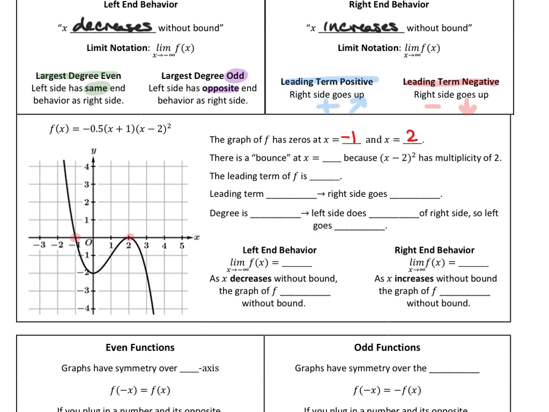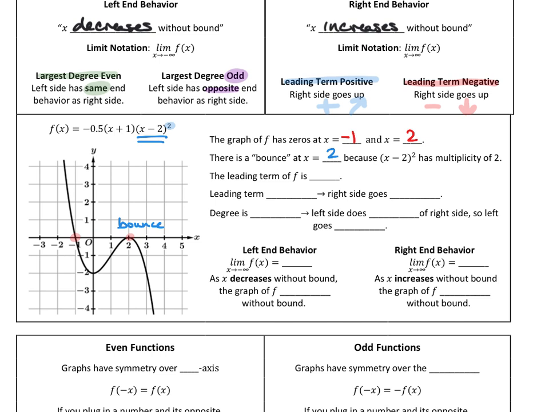It's just looking at the graph, seeing where it crosses the x-axis. It goes on, this question says, there is a bounce at x equal to what? At x equal to 2, because this term is squared. It has an even multiplicity. So we know it's going to bounce at that 0, which we can visually see on the graph. In fact, let's write that in. These are our notes. This is what a bounce looks like.